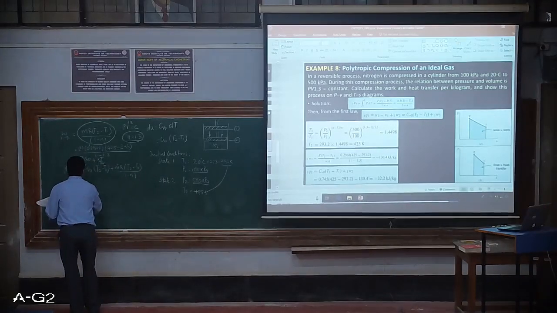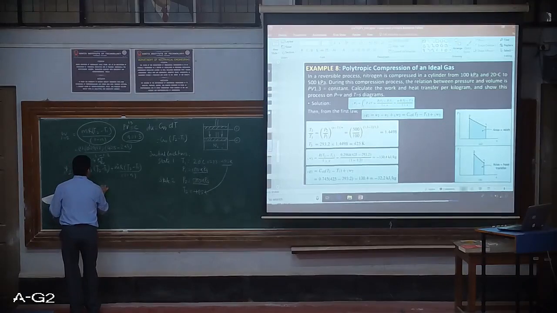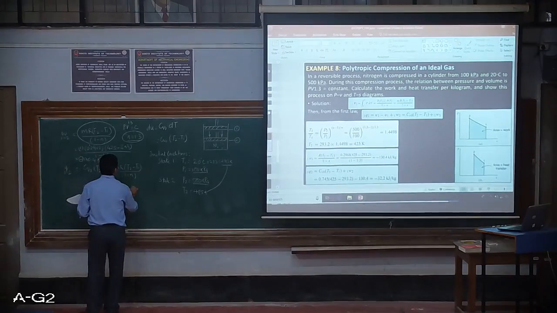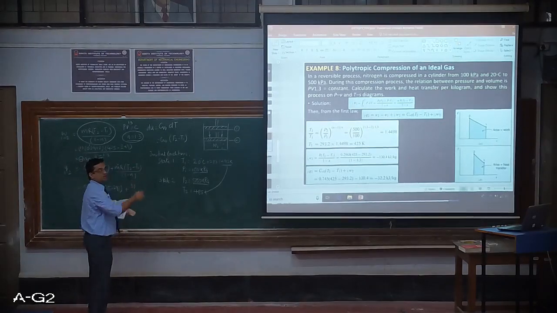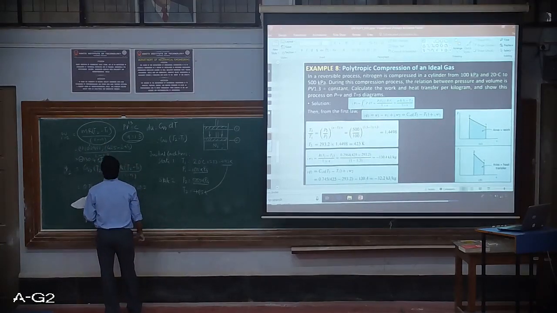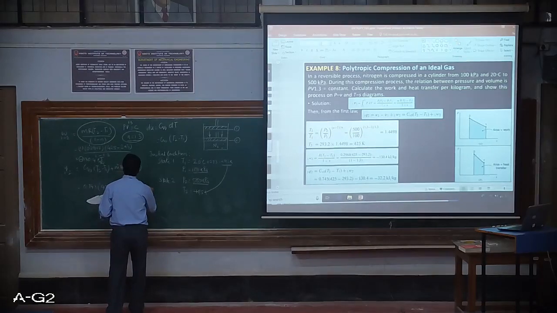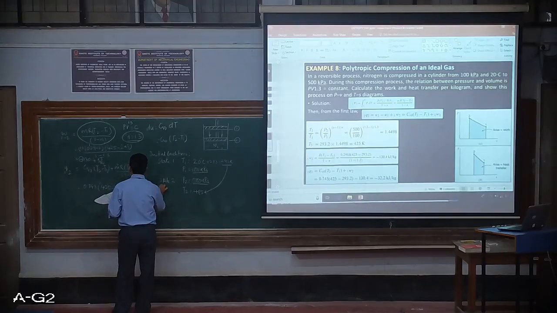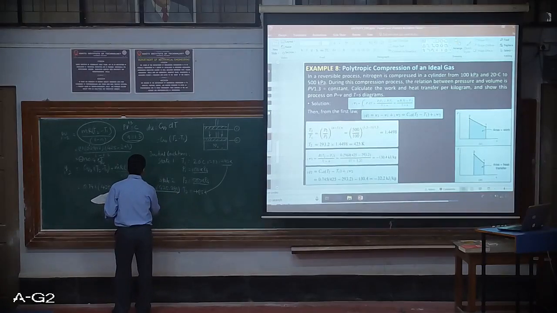So 0.743, T2 is 425 minus 293 Kelvin, plus m is 1 kg for unit mass. The value of R for nitrogen remains the same, 0.2968. Again T2 minus T1, 425 minus 293, whole divided by 1 minus 1.3.